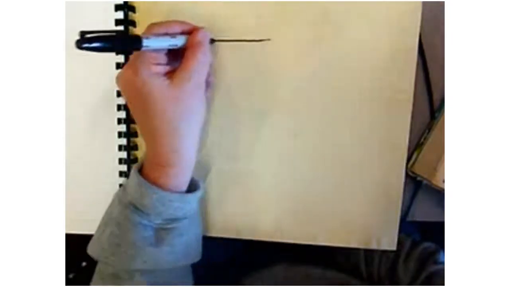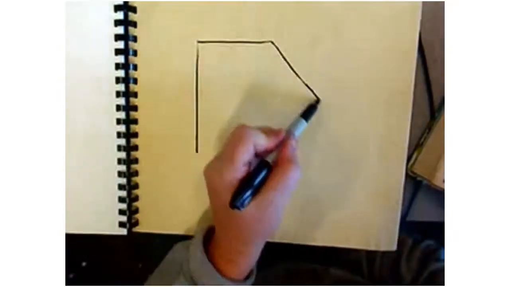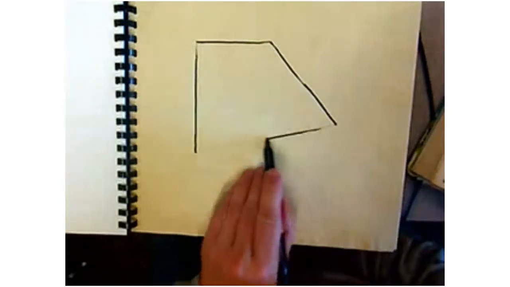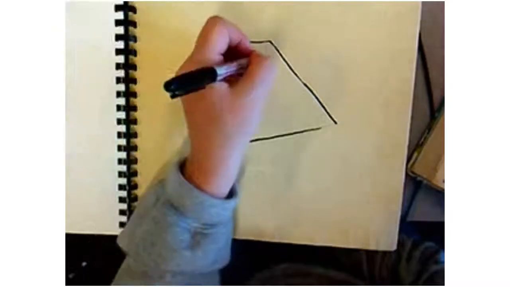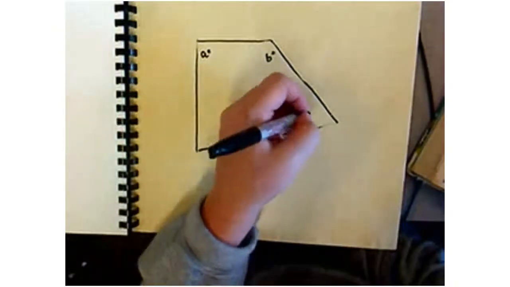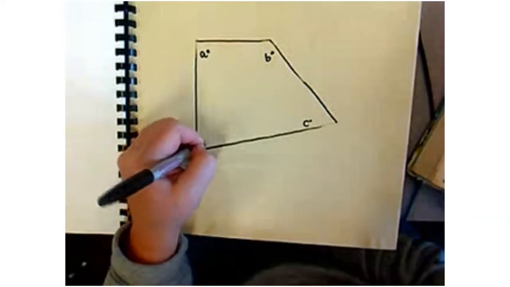And then they give a model to represent a quadrilateral. It's just a four-sided figure, four vertexes. They've labeled the interior of the vertexes A degrees at the top left, B degrees at the top right, C degrees at the bottom right, and D degrees at the bottom left.